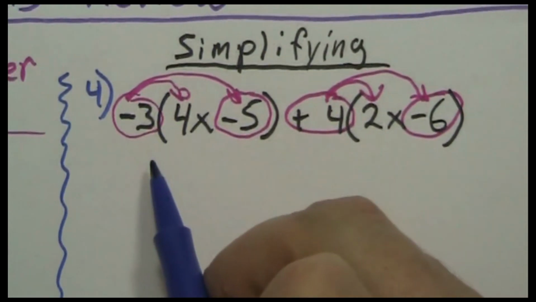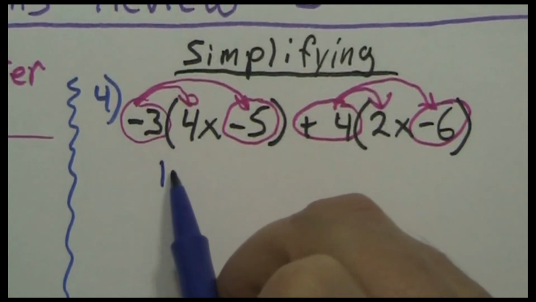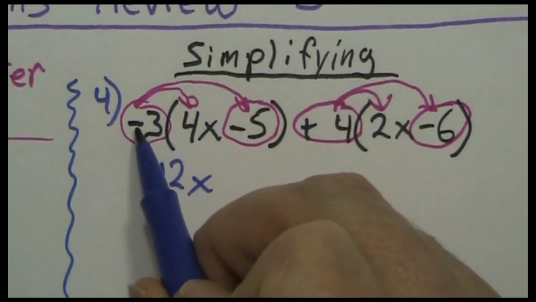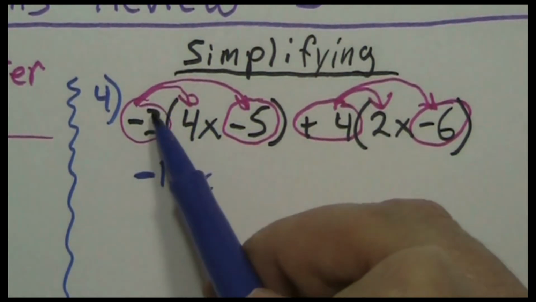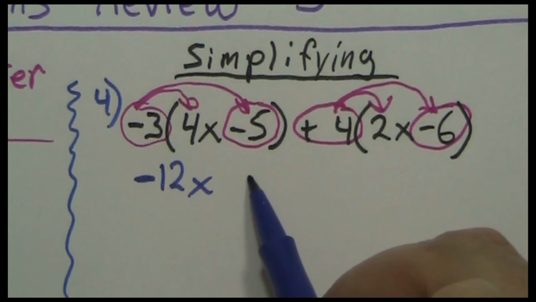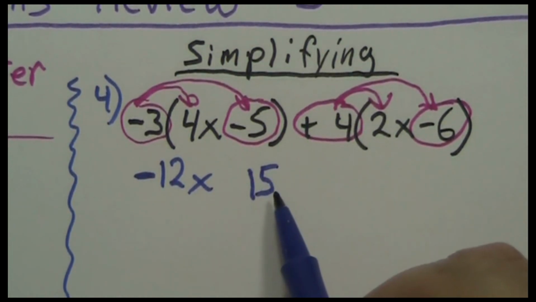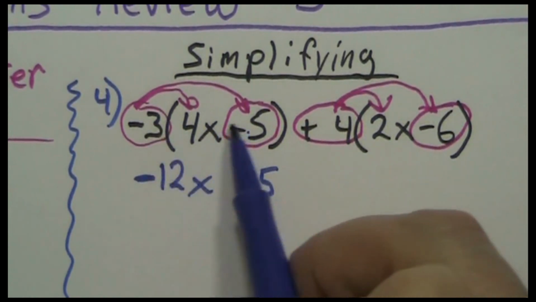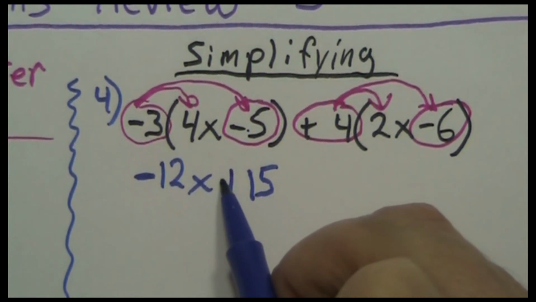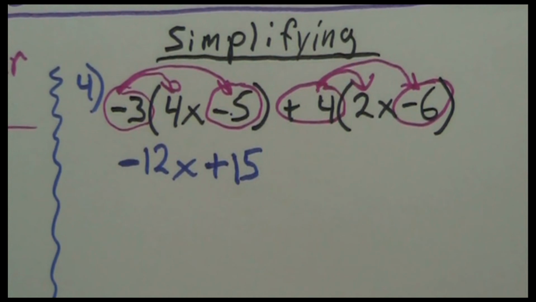So using those rules here, 3 times 4 is 12, 12x, and there's one negative. I'm using one negative, so it's negative. 3 times 5 is 15. Now I'm multiplying with two negatives. Two negatives cancel when multiplying, so it's positive 15.